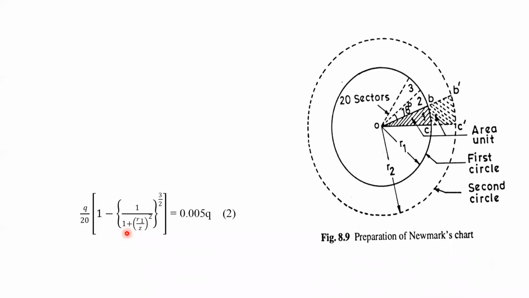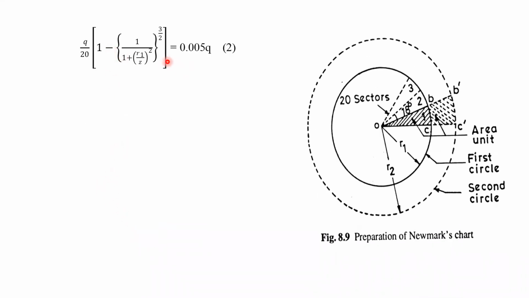If we equate the right hand side, equation 2 will be like this. If you solve this equation, we get R1 by z is equal to 0.270.